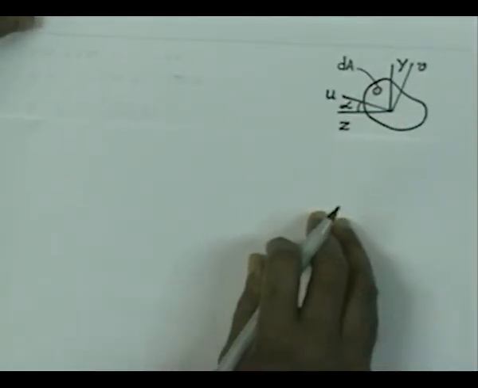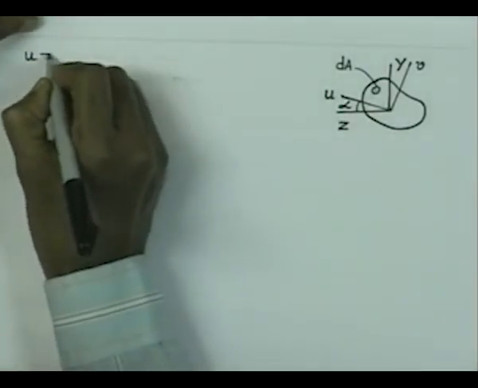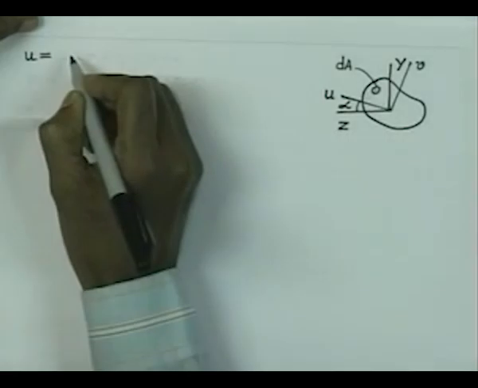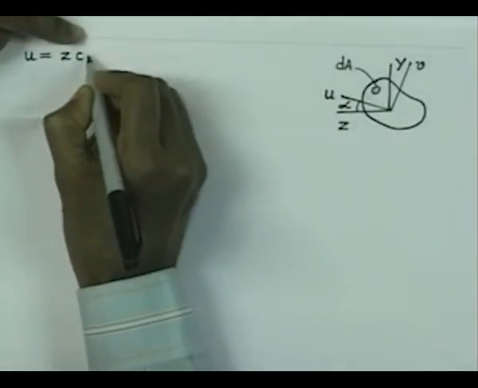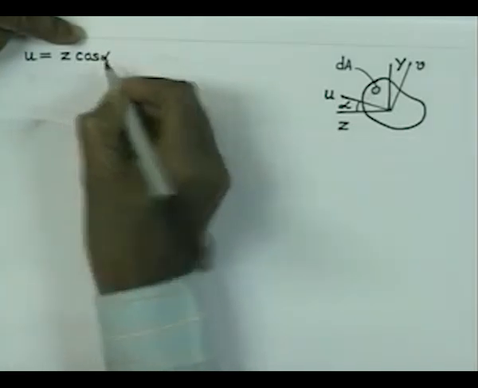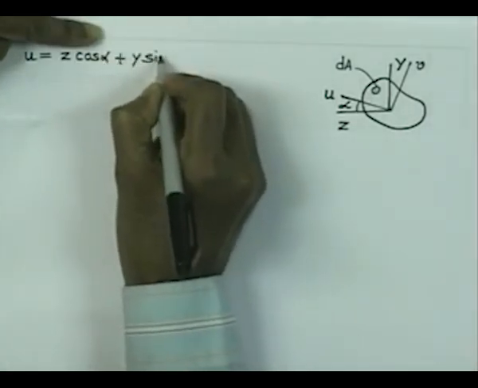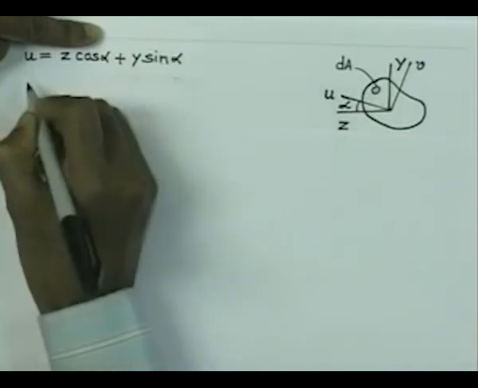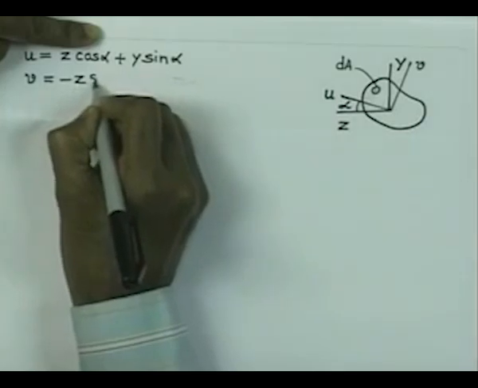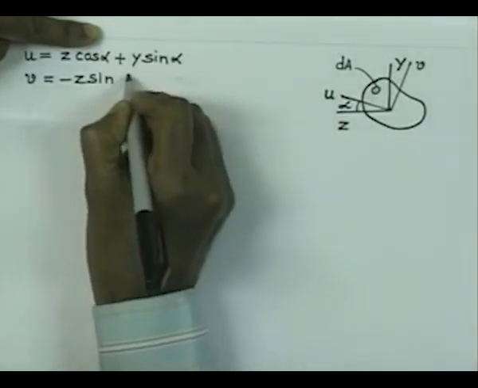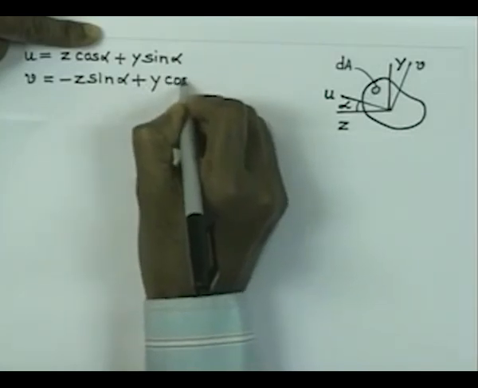Then in that case, from geometry we can write that u is related to the y and z coordinates of a point by this formula: u equal to z cosine alpha plus y sin alpha. Similarly, v is equal to minus z sin alpha plus y cosine alpha.